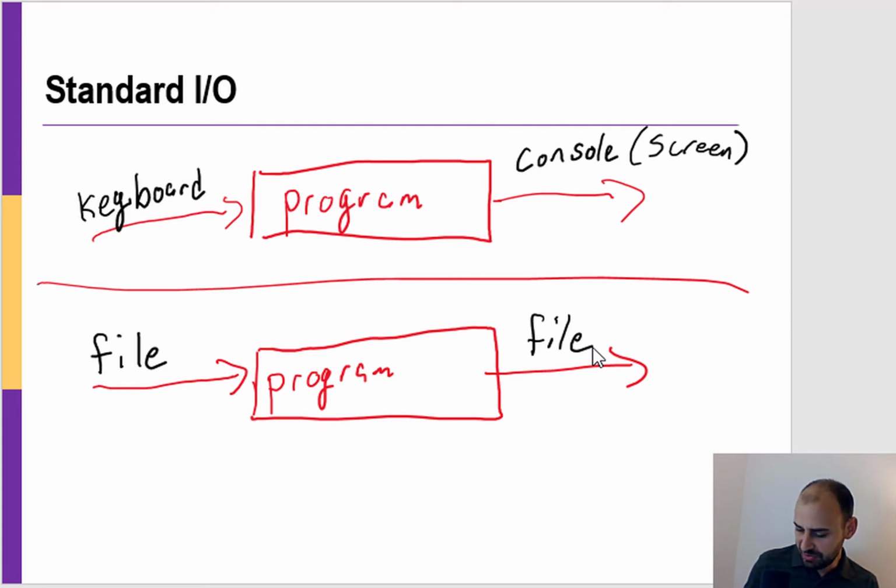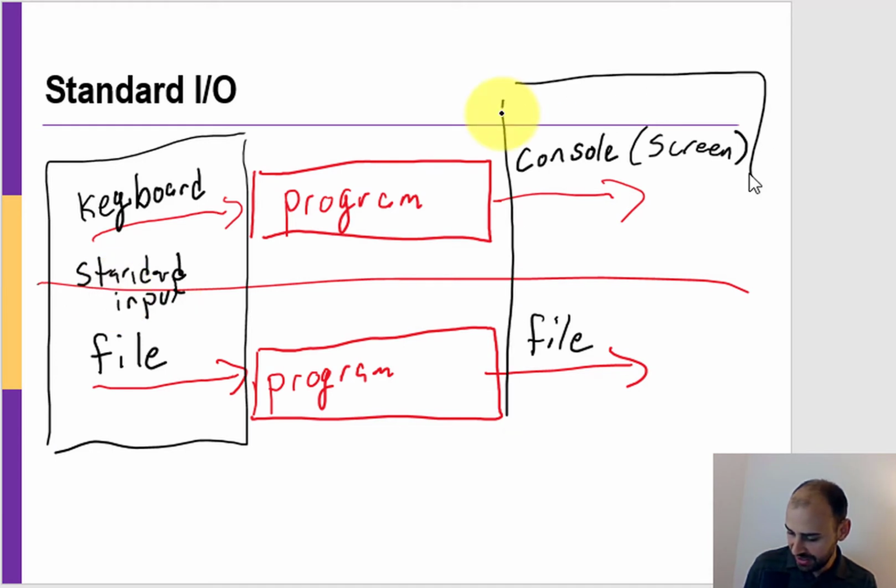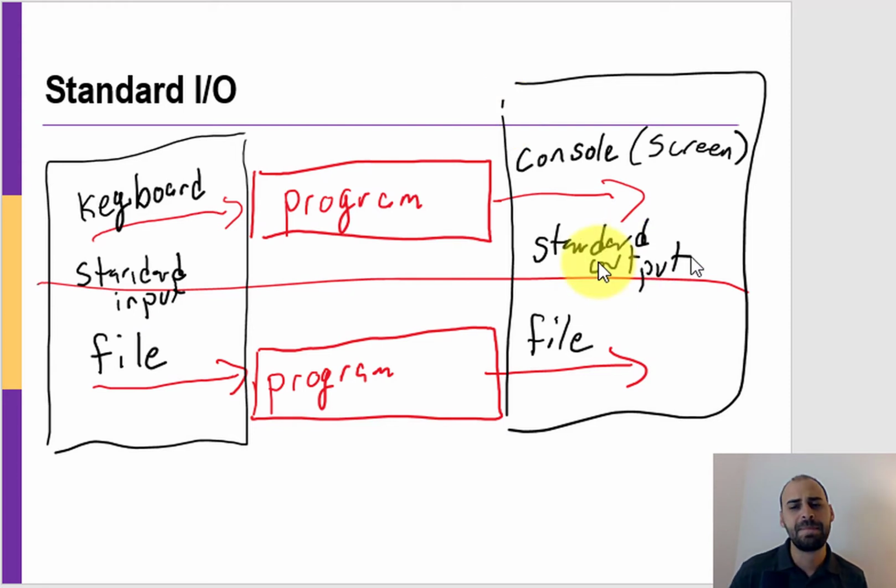So effectively, we're going to change what is referred to as the standard input source, and we're also going to change the standard output source. And this is best illustrated in an example.